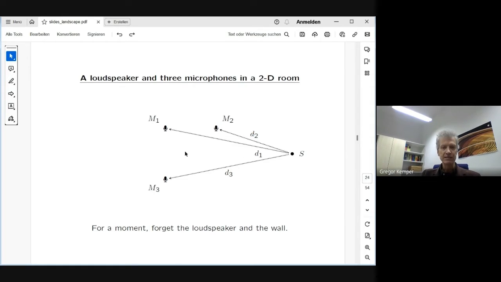All that matters is the point S, and also all that needs to be identified is this point S. Because if we do know where the microphone was and we know S, then the wall will be just what's right in between the points of the same distance from S as to the loudspeaker.